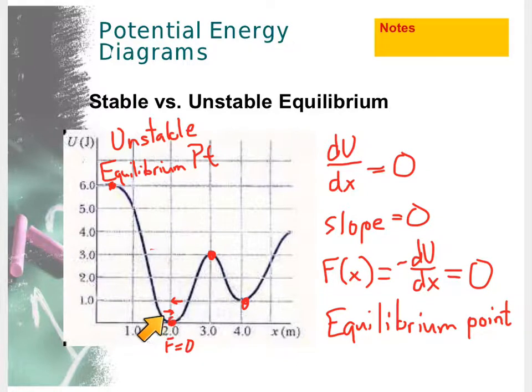Likewise, if I went over to the left, my force is going to push me back over to the right. So my force is going to restore the original position of my mass or my particle or whatever is on the end of the spring. So this would be considered a stable equilibrium point.